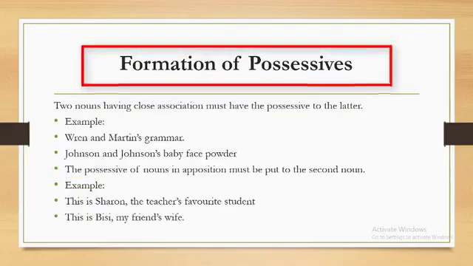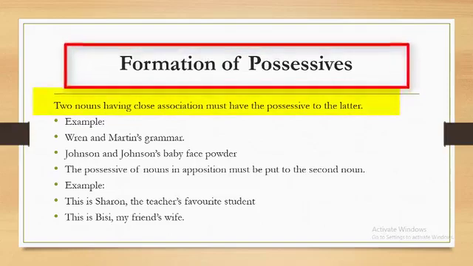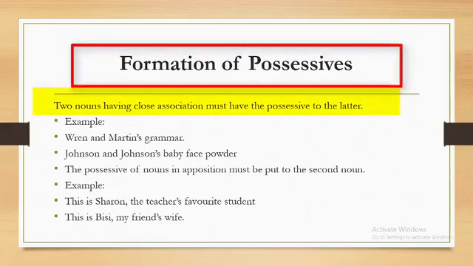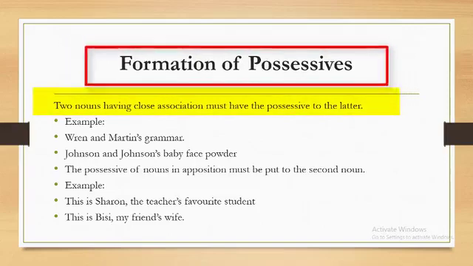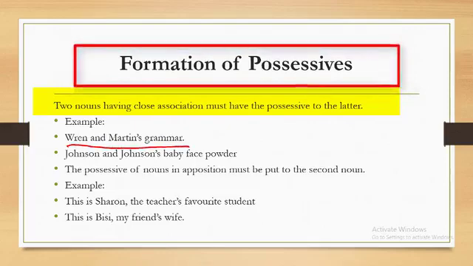Okay. So then let's move on to other situations where we have close association, when we have two people who share similar qualities. For instance, Ren and Martin's grammar. Ren is male, Martin is also what? Male.